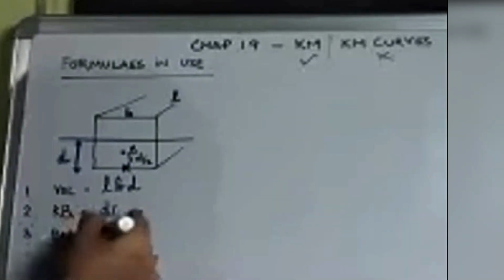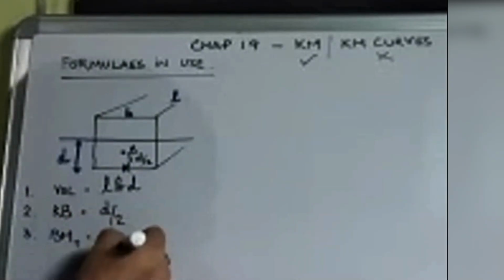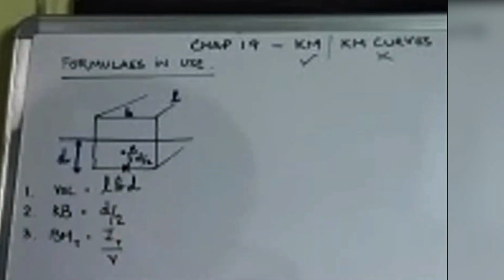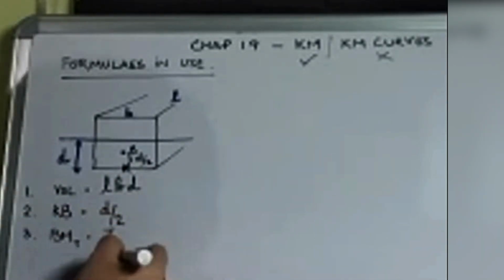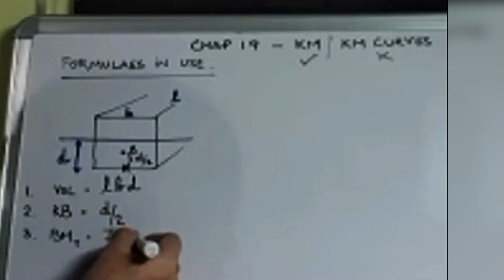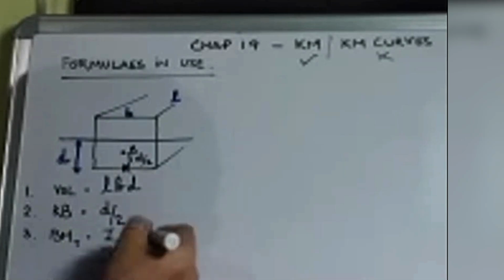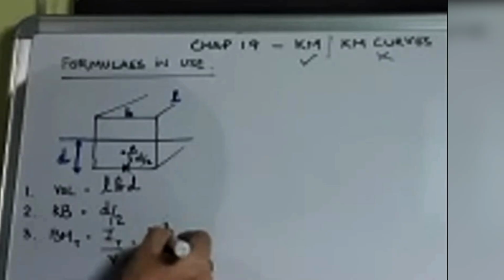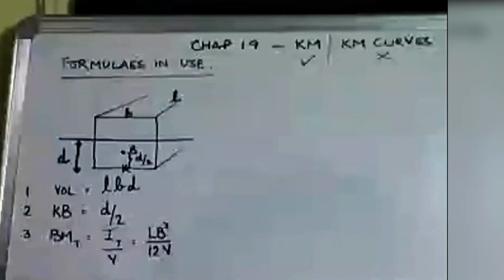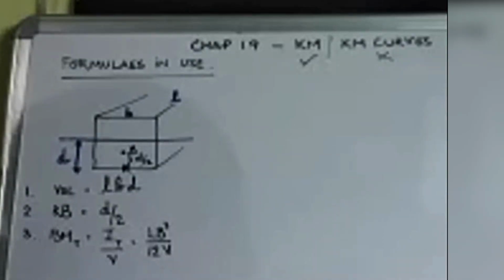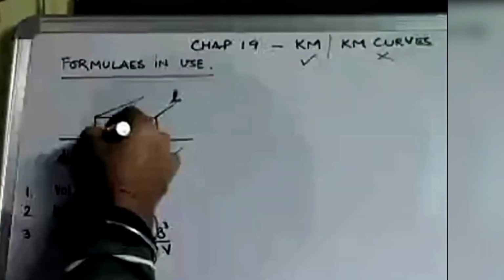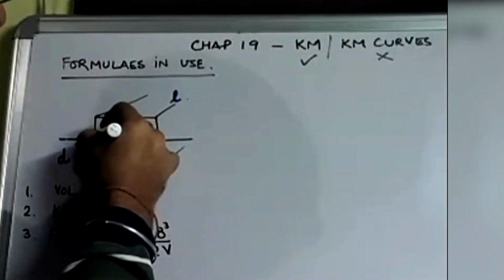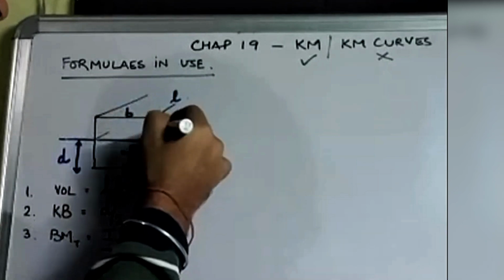The BM is IT by V, moment of inertia transverse divided by underwater volume, and moment of inertia transverse for a rectangular water plane is given by the formula LB cubed by 12.